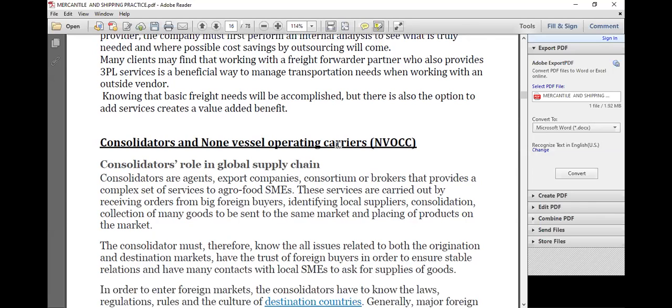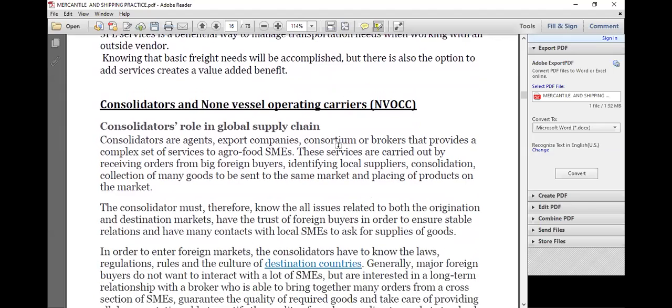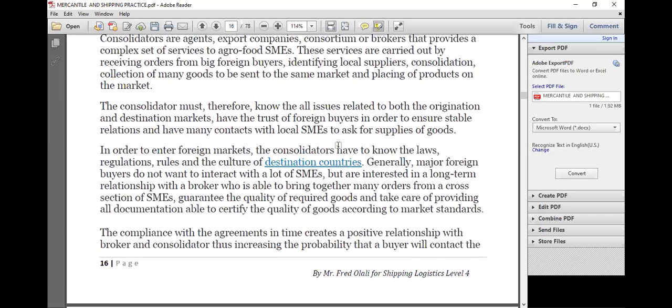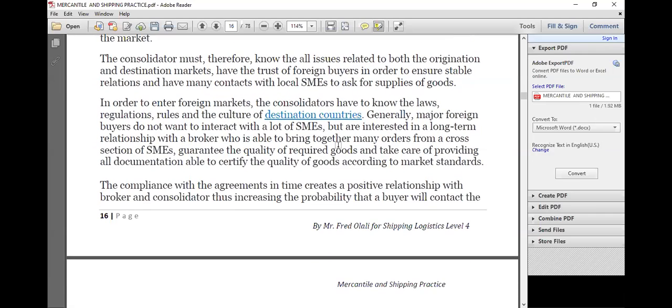Another thing, you must have contacts of these local SMEs, so that if you have these small traders who want to participate in international trade, then you contact them. Hey, so and so, do you have something to be shipped? Yeah, I have this. Maybe I have this number of pallets. Yes, we can consolidate with another.